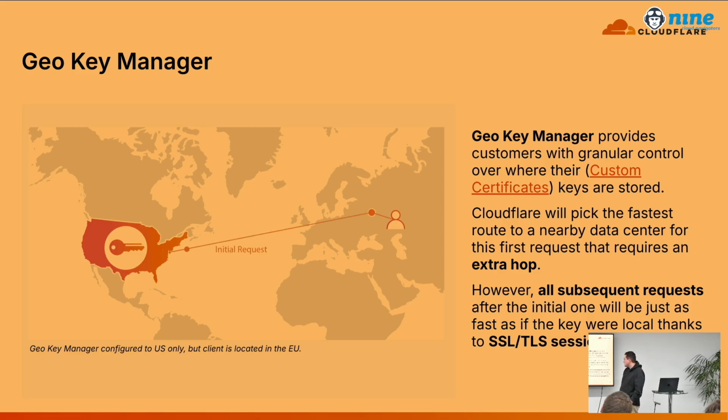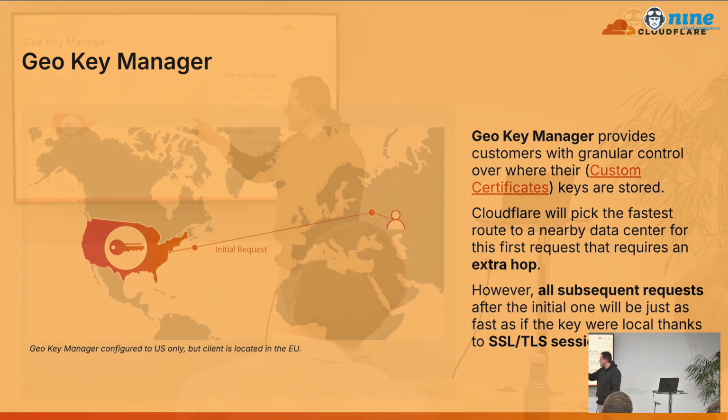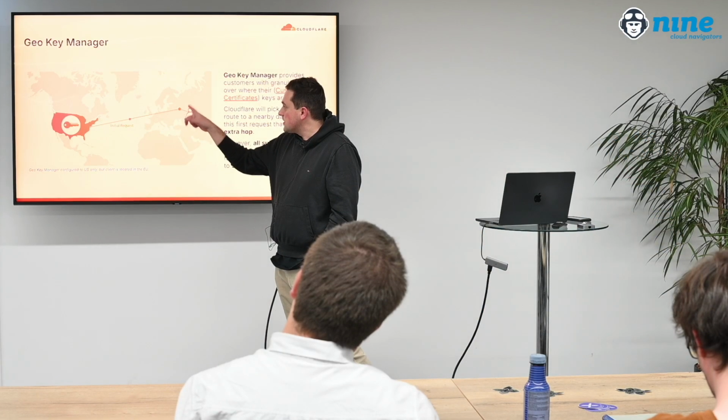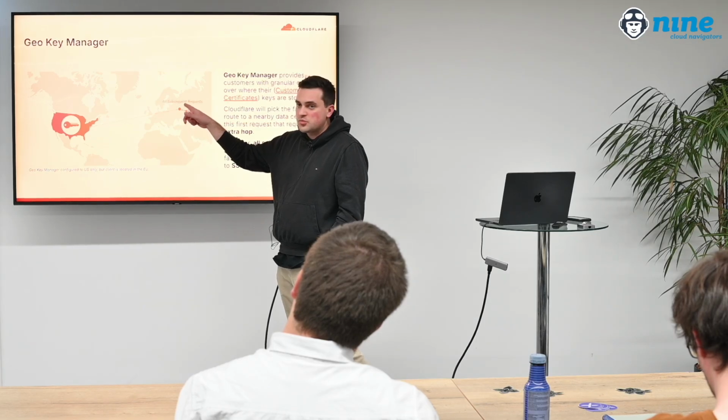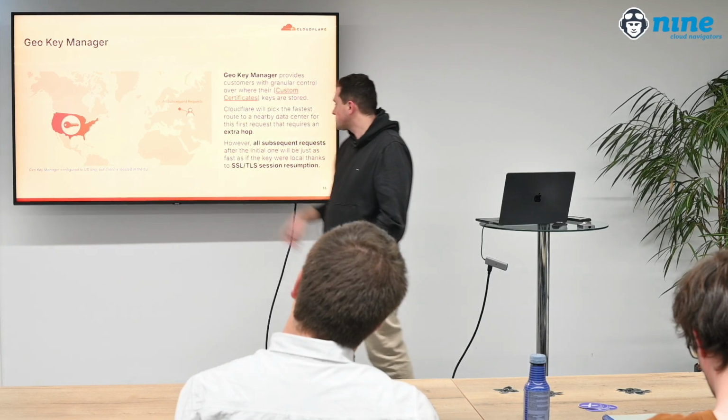So this is to speed up the communication so that you don't have to call out each time to the central place where the key is stored. Important to note, of course, that the TLS key itself is never present on this location.